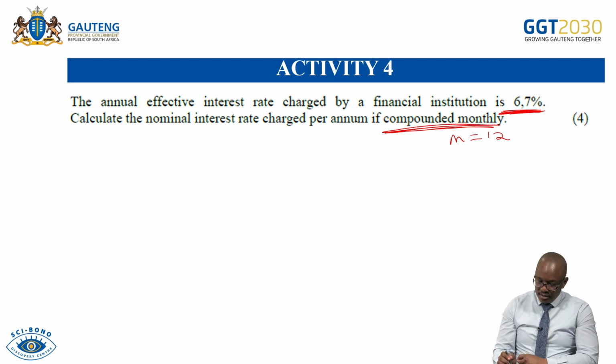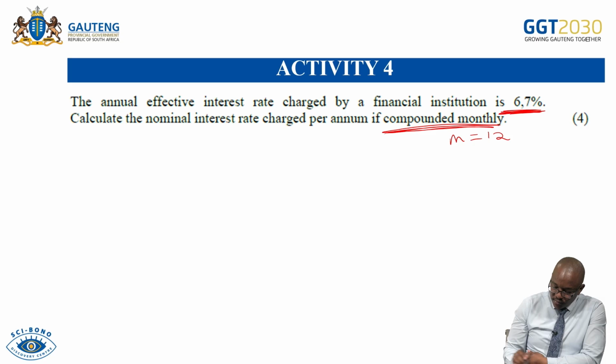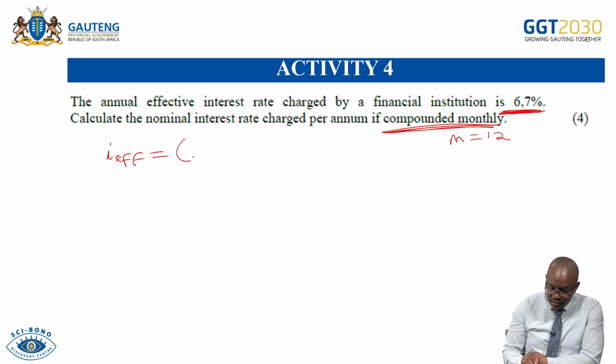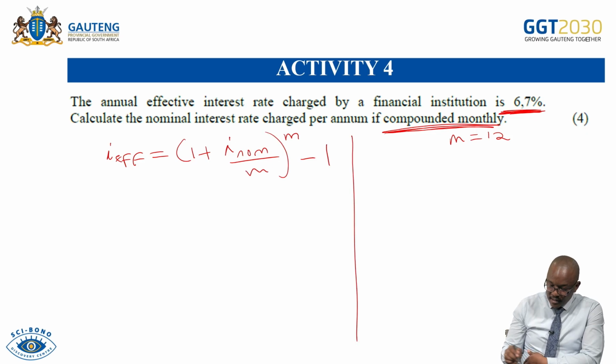So now we know that we're going to have our formula: I effective is equal to (1 plus I norm over M) to the power of M, minus 1. Then we can deal with our substitution there.